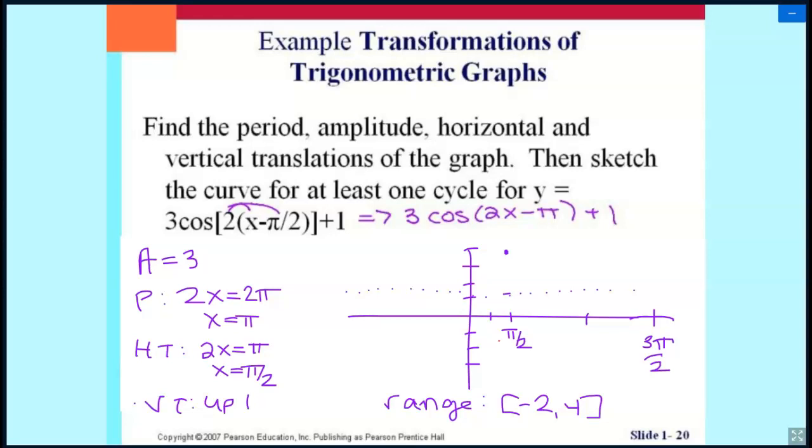So if it starts at pi halves, it ends 1 unit of pi later because the period is pi. So pi halves plus pi is 3 pi halves. So we'll start at pi halves, at an original height of 4. Again, 4, not 3, because it is shifted up 1 unit.